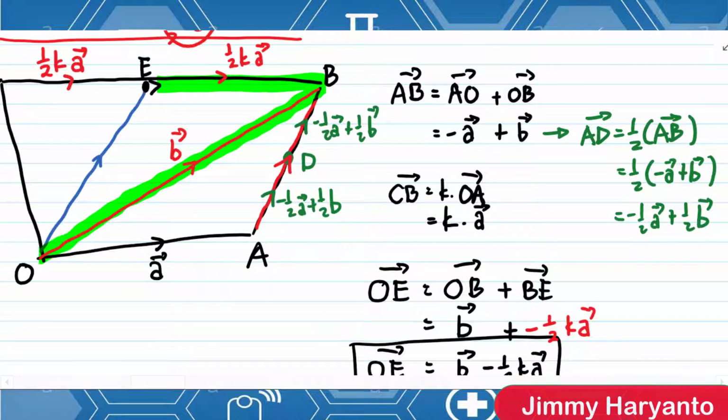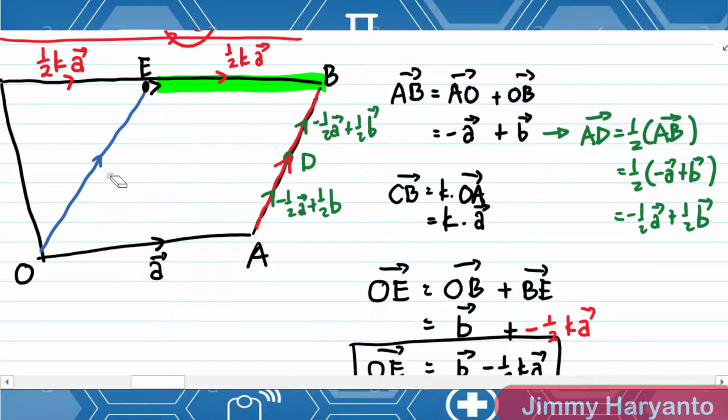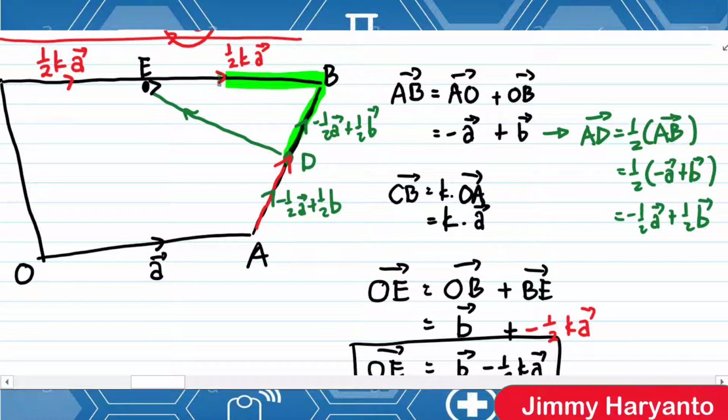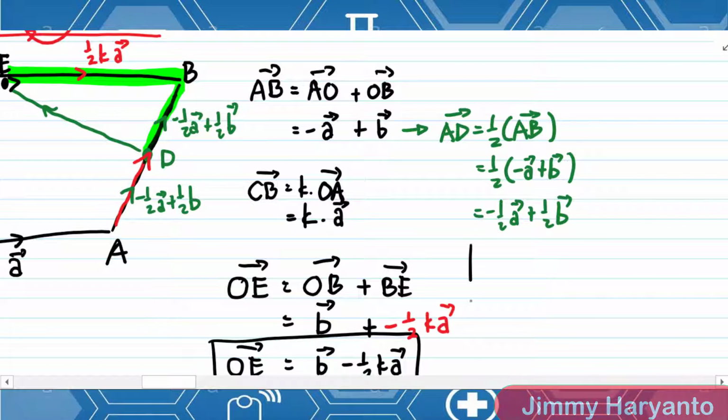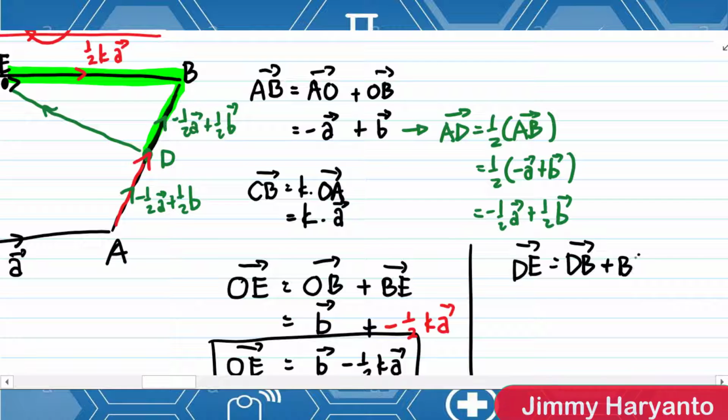After that, I want to erase this first. The question wants us to find DE. DE is going there. So I have to move from D to E. Move like this. Go up and then go left. So I can tell that DE equals DB plus BE. So what is DB?